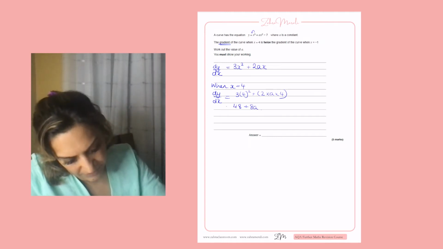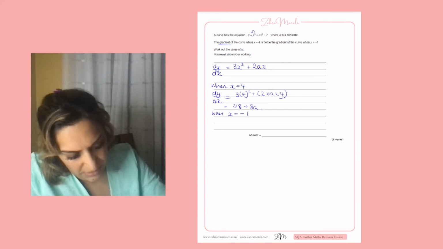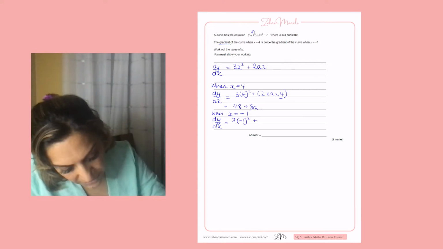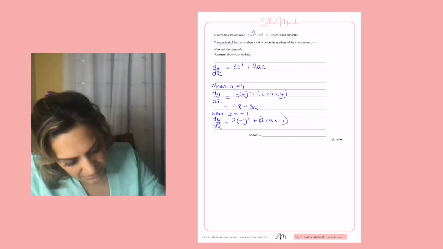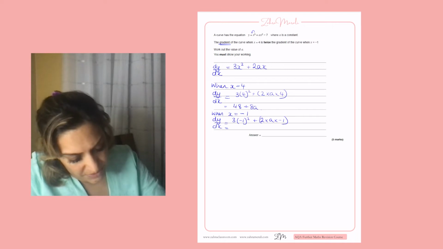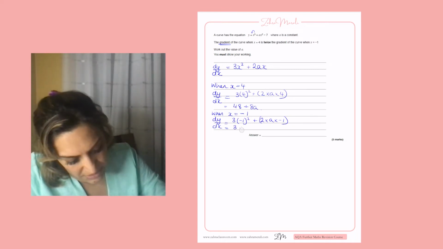Okay. And when x equals minus 1, dy dx is going to be 3 times minus 1 squared plus 2 times a times minus 1. So we're left with minus 1 squared, which is just 1, times 3, plus, well, it's actually going to give me a minus 2a.